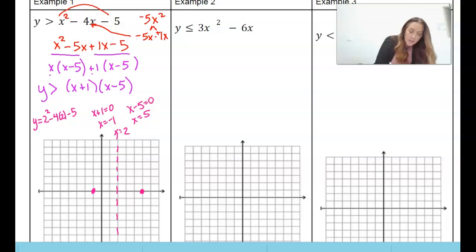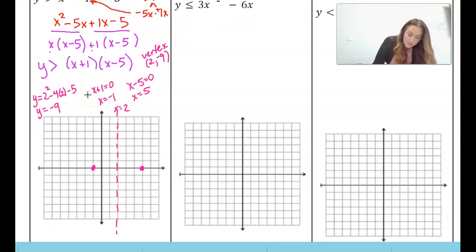And you want to type that all straight in to get the y value of the vertex. So the vertex is at 2. And then what do we get? 4 minus 8 minus 5. So that is -9. So 2, 1, 2, 3, 4, 5, 6, 7, 8, 9.